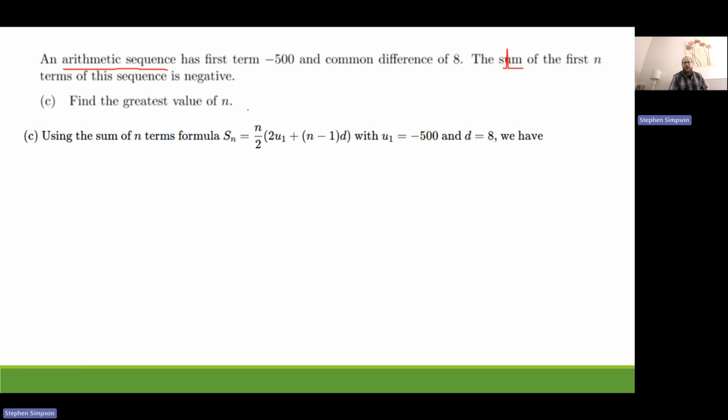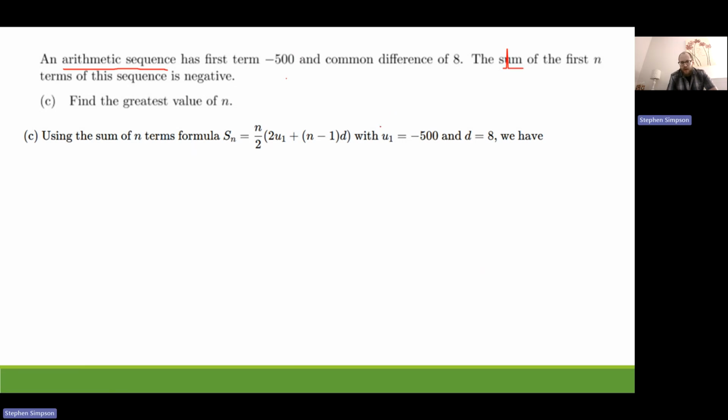So here's that formula in one of its two forms. Doesn't really matter which one you use, although the nice thing about this form is that you don't have to know what the last term in the sum is. That can simplify your life a little bit, but it doesn't really matter.